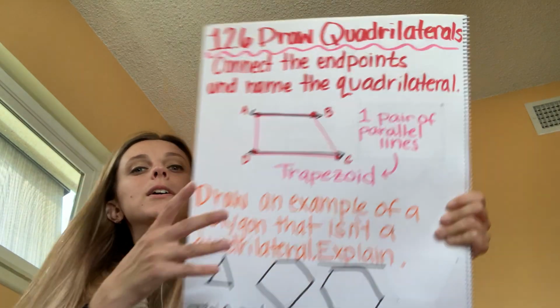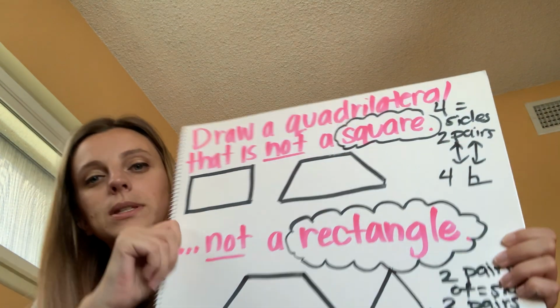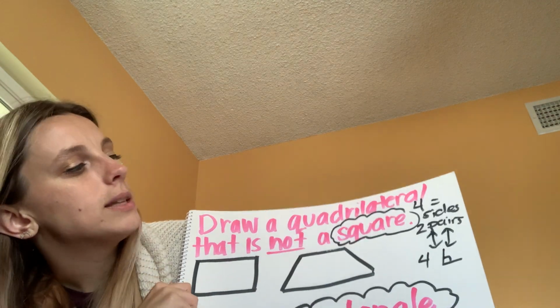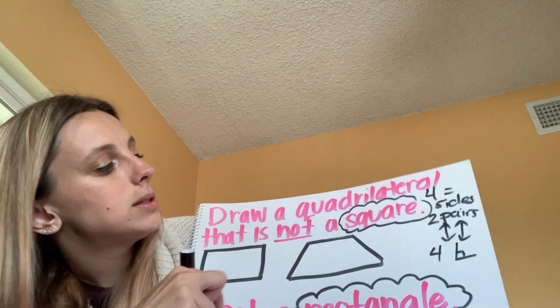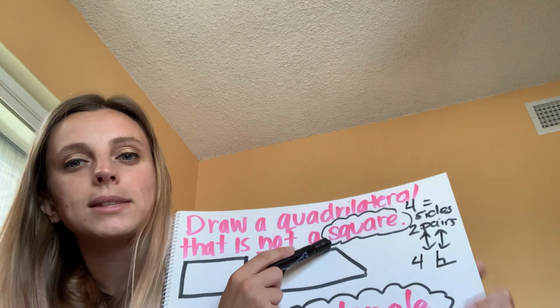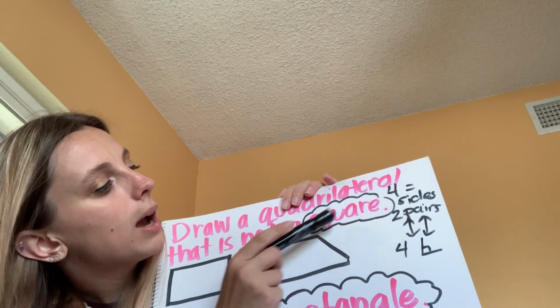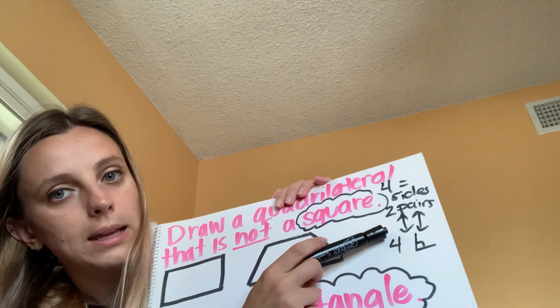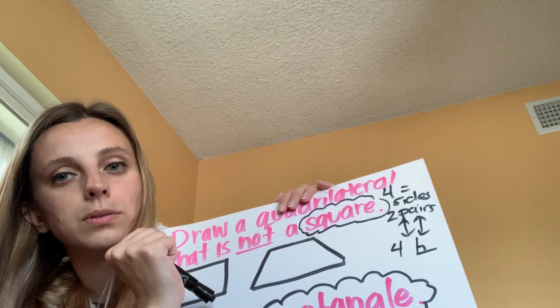All right, so let's jump into what kind of problems you're going to see in your lessons today. They're going to ask you to draw quadrilaterals that don't fit into a category. I've done the first 2 as an example. It says, draw a quadrilateral that is not a square. So I'm going to stop and think about what makes a square. Well, a square has 4 equal sides, it has 2 pairs of parallel lines, and it has 4 right angles.